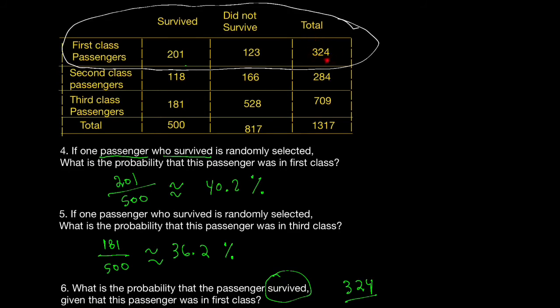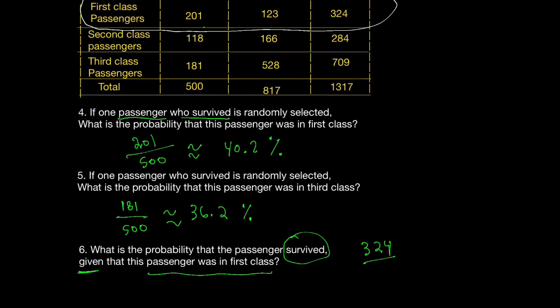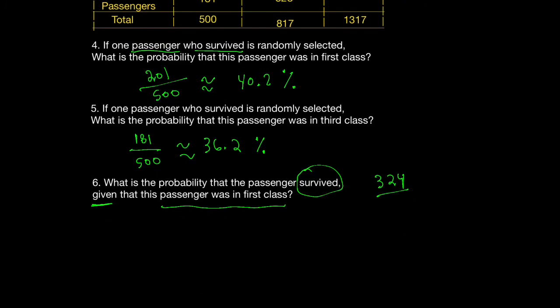And out of these 324, 201 survived. So my probability is going to be 201 over 324, and that is approximately equal to 62%.